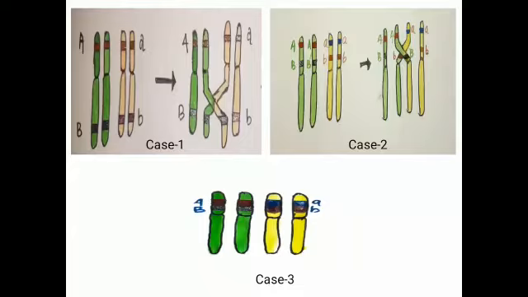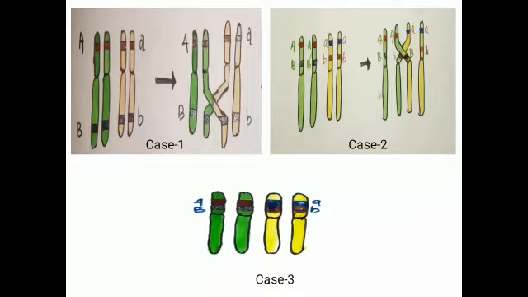But can you see this case 3? Here you can see the capital A and capital B genes and the small a and small b genes are present almost in contact, or we can say they are very tightly linked. So, do you think there is a chance of crossing over? Or can I ask what will be the probability of crossing over in this third case?